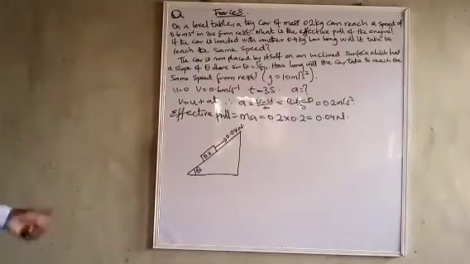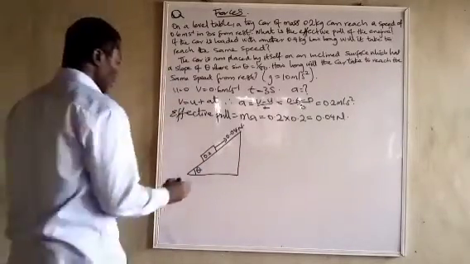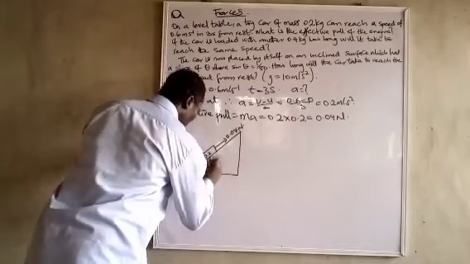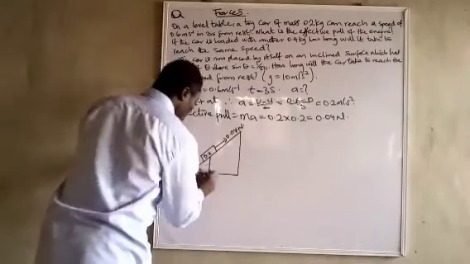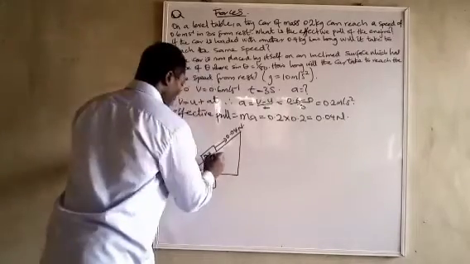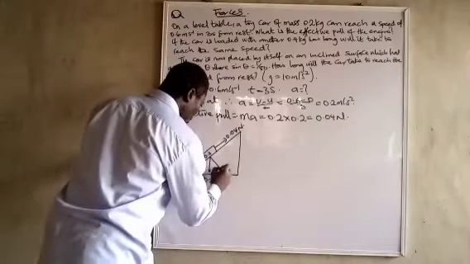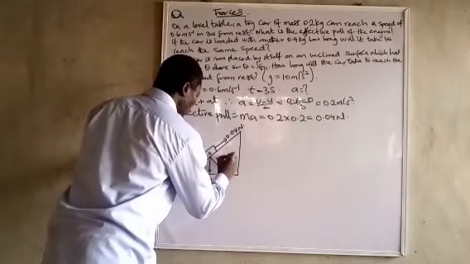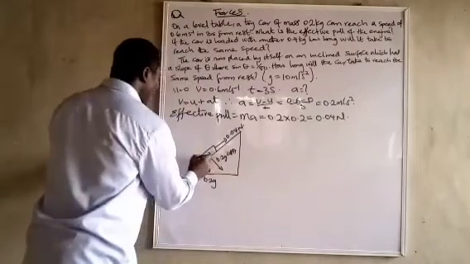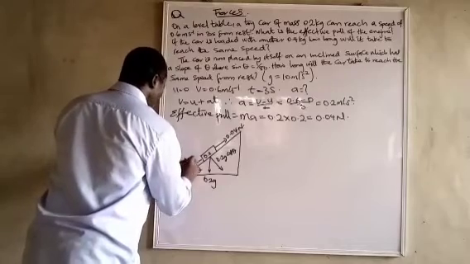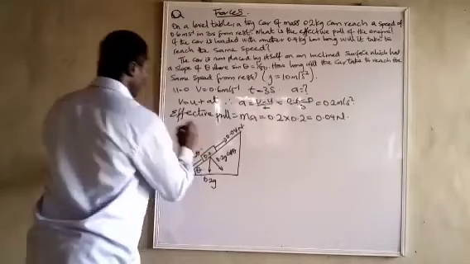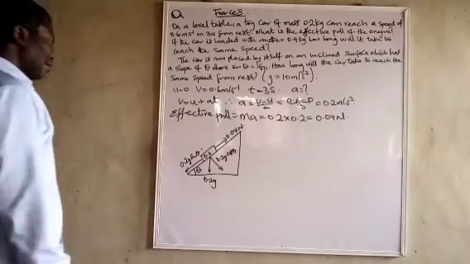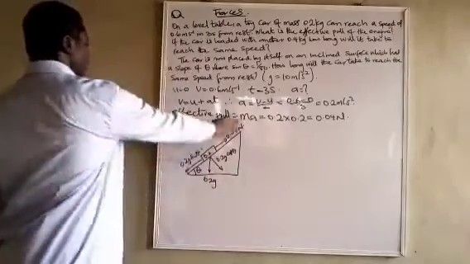Now, we have resolved the first question. From this, we can see that the weight will come down like this, 0.2 g. Perpendicular to it, we have 0.2 g cos theta. Along the slope, down like this, we have 0.2 g sin theta. Now, this force is pulling it up.